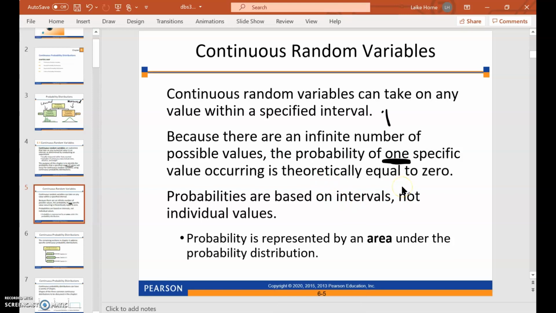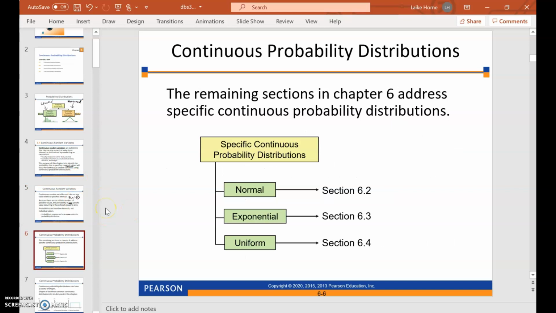So if you want to know the probability that x is equal to 3 with a continuous variable, it's going to be super close to 0. So those will be easy to find if it asks you for the probability of just one value.